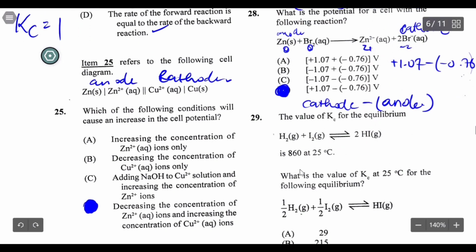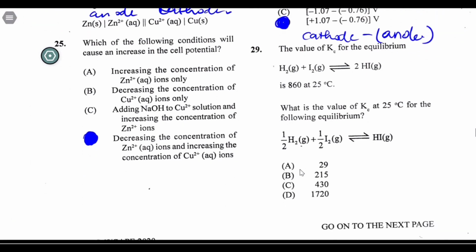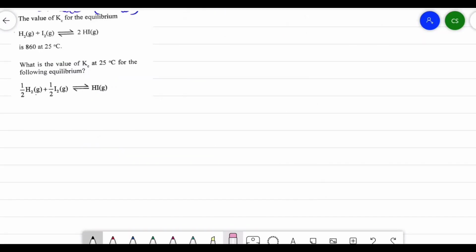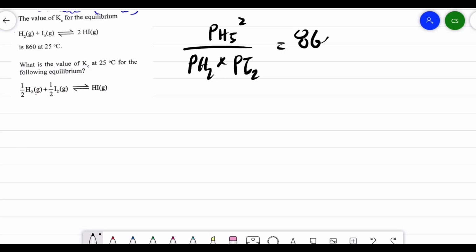Now let's look at 29. The value of Kc for the equilibrium here would be, seeing that these are gases, you're going to use the partial pressure. So you would find that the partial pressure of HI squared over the partial pressure of the H2 gas times the partial pressure of the I2 gas was equal to 860.